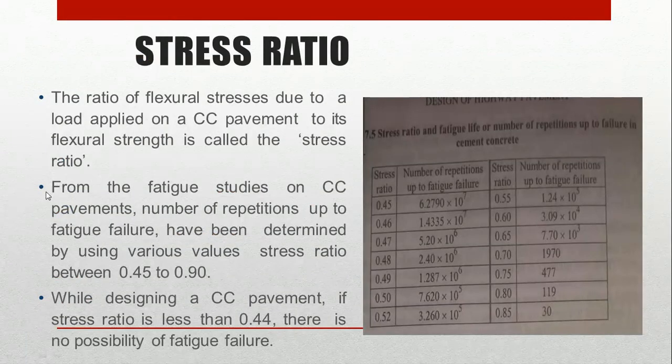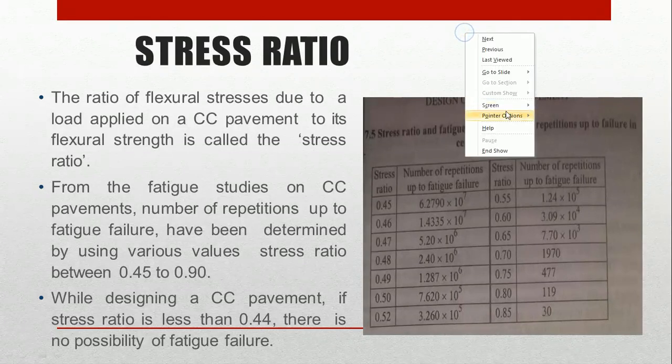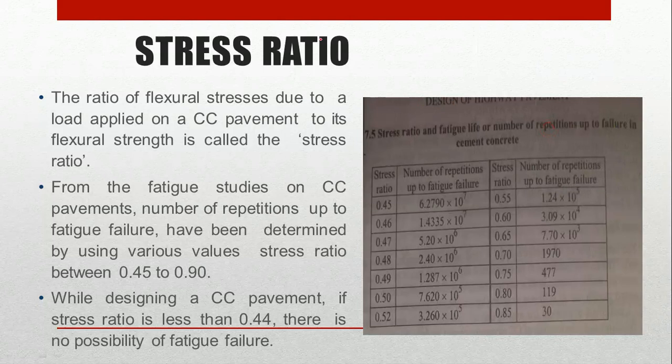In order to design this, we need to consider some stress ratio. The stress ratio is the ratio of flexural stress in the CC pavement to the flexural strength.